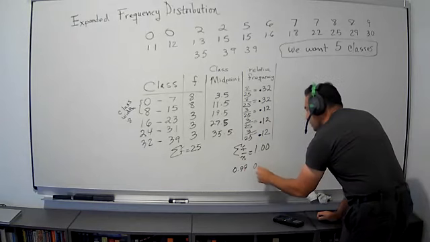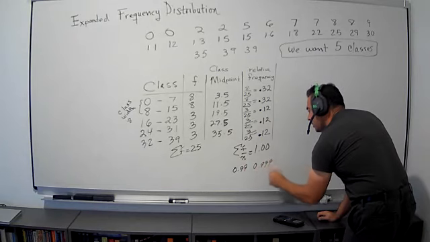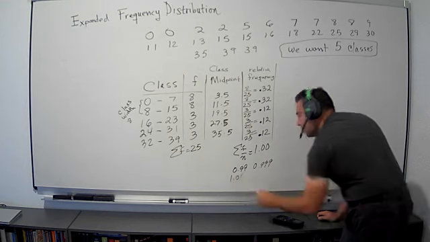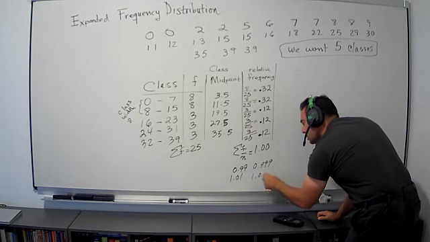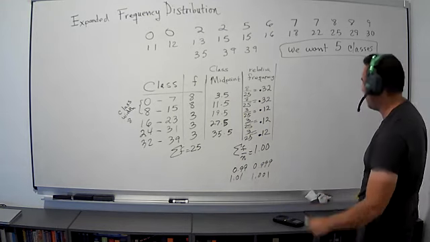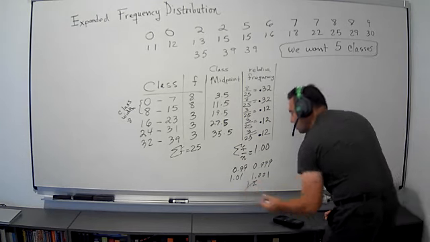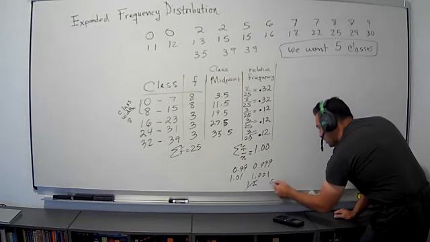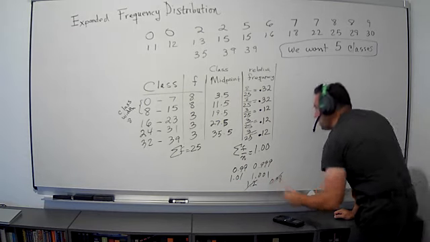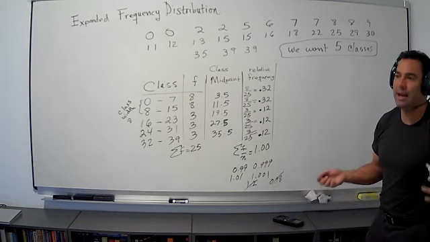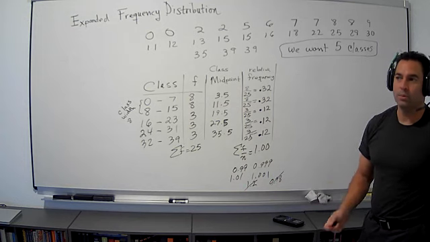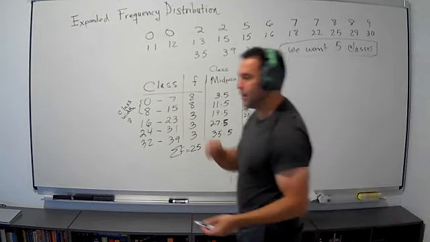Sometimes you might get 0.999. Sometimes you might get 1.01 or 1.001. That's okay. Now, it's not okay to get 1.2. It's not okay to get 0.98. Figure out where you round. Your rounding is lackluster. Sometimes some of you get confused on how to round.